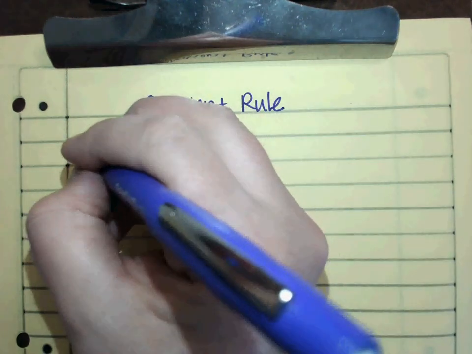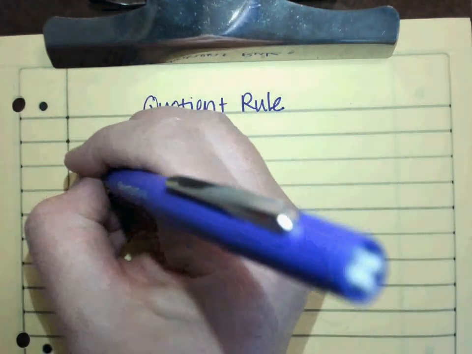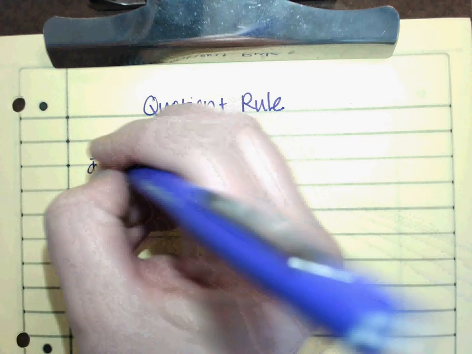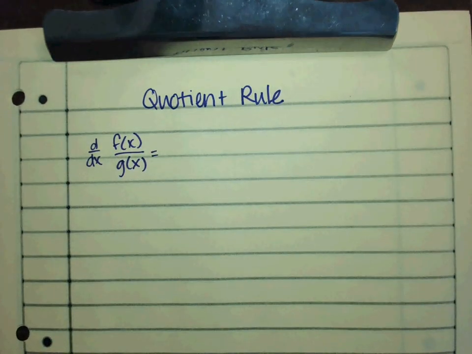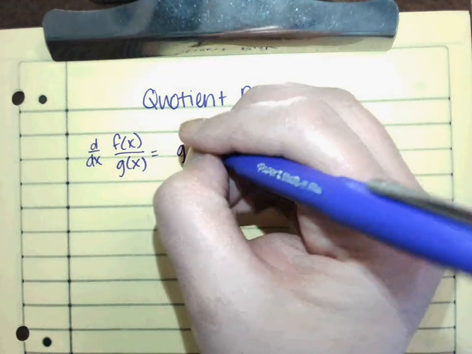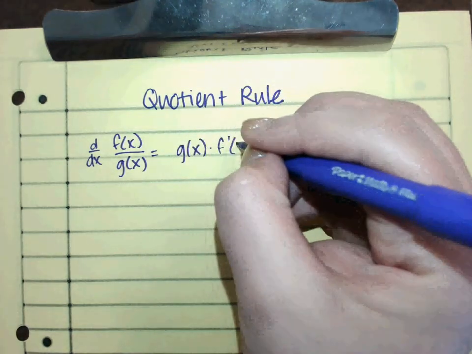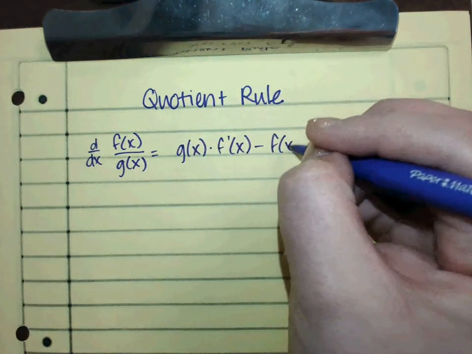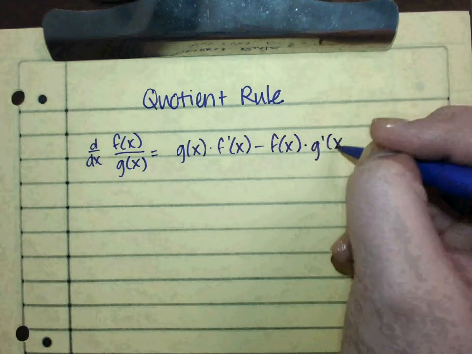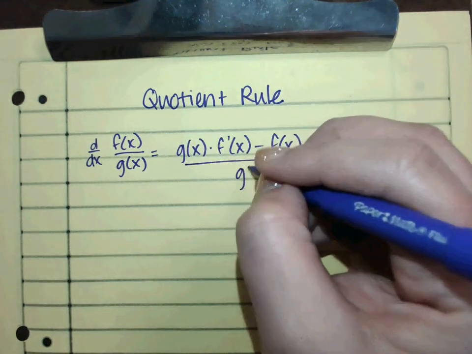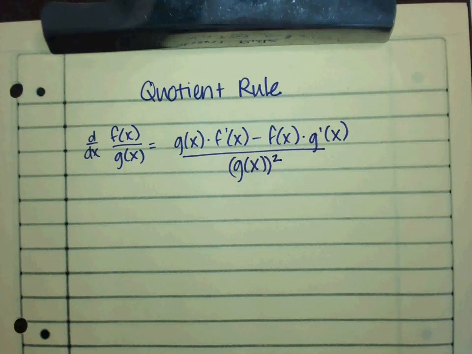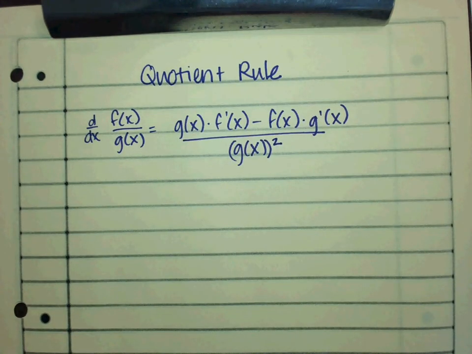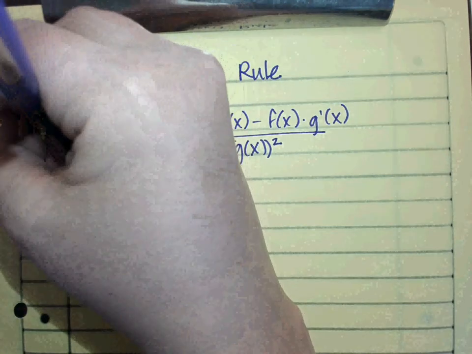So formal, if I have a function, f of x over g of x, the derivative is g of x, f prime of x, minus f of x, g prime of x, over g of x squared. So this is like your formal one.